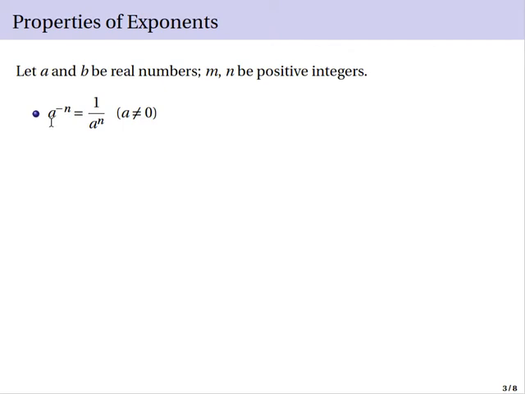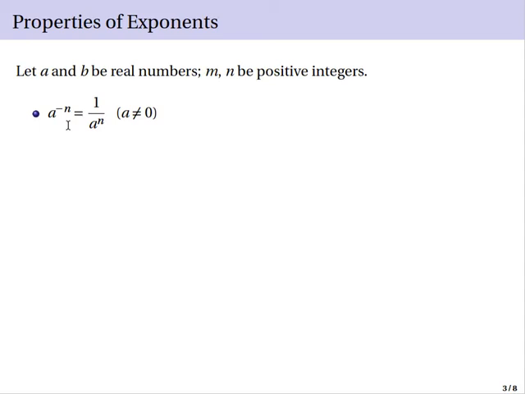If we have a raised to the power negative n, so meaning we have a negative exponent, then this a raised to negative n is equal to 1 over a to the power n, provided that a is not equal to 0. So meaning, if you have an exponential expression with a negative exponent, what we do is we put it on the denominator.